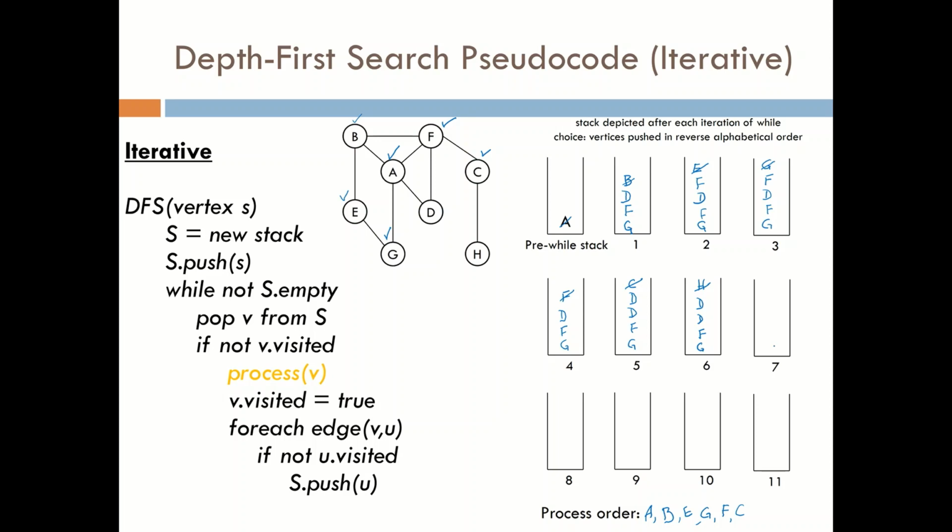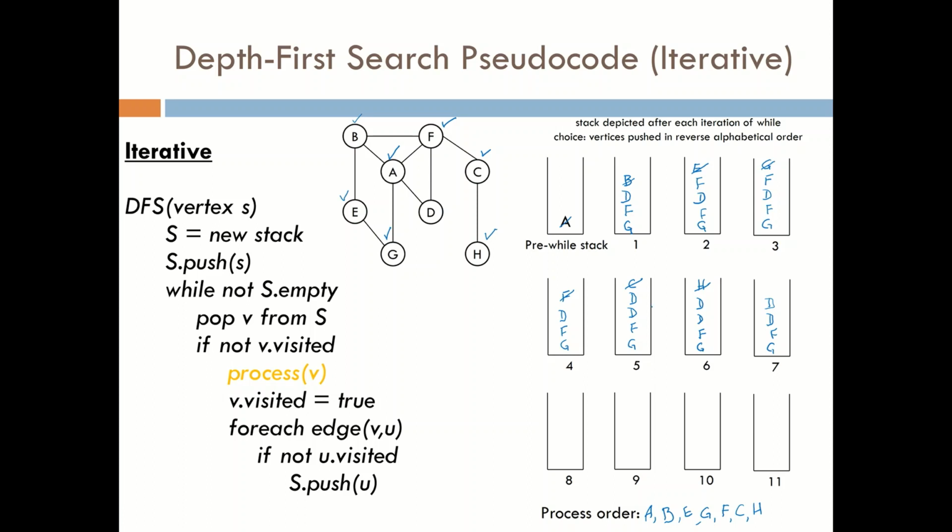And I'll reconstruct the stack: G, F, D, and D. And H has not been visited, so we process H. So we put it on the output stream and we mark it as visited.